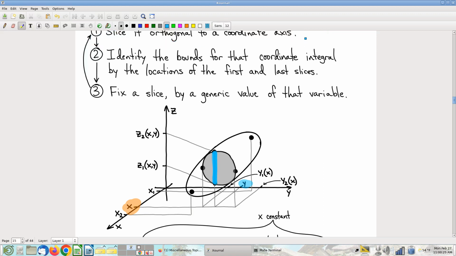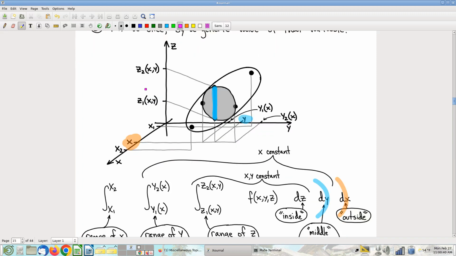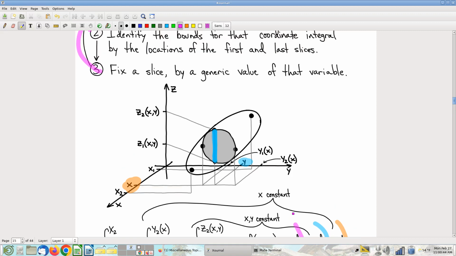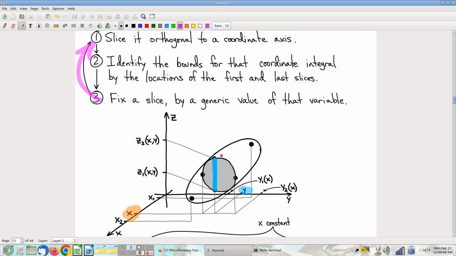And now I have to proceed again. Third step through this process, just the same process we did for double integrals, just three-dimensionally. Now we have to look and see what our third slicing direction is, z. So I've got to take this y slice of my x slice, and slice it orthogonal to the z-axis.